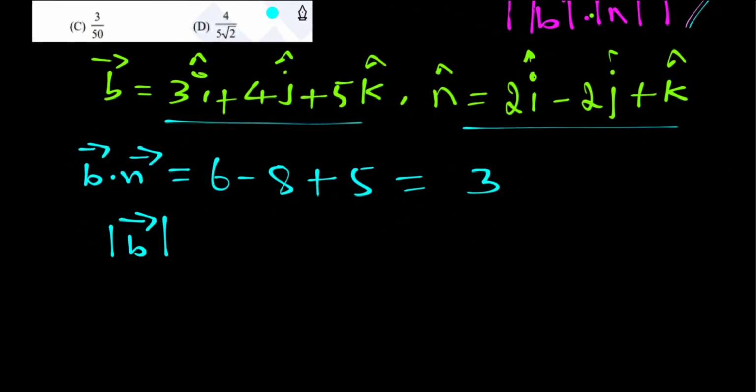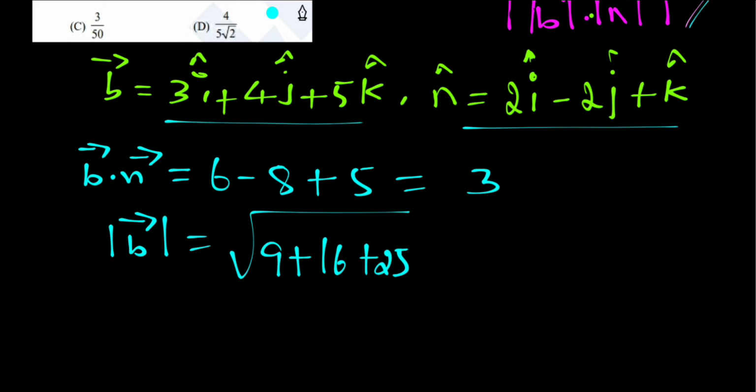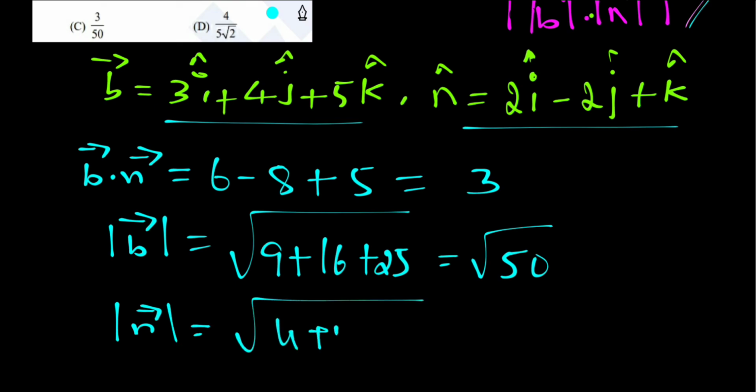Magnitude of b bar is square root of 9 plus 16 plus 25, that is equal to root 50 you will get. Next we have to find the magnitude of n bar also. N bar magnitude is root of 4 plus 4 plus 1, that is root 9, that value is 3.